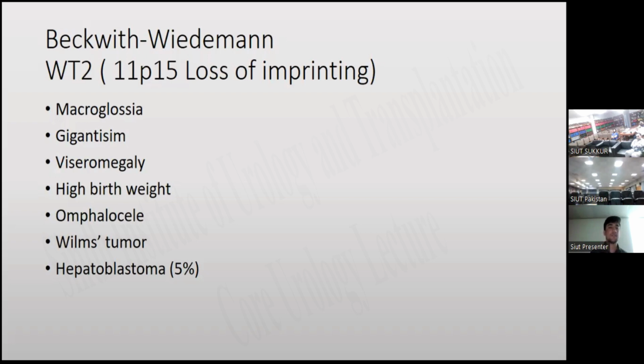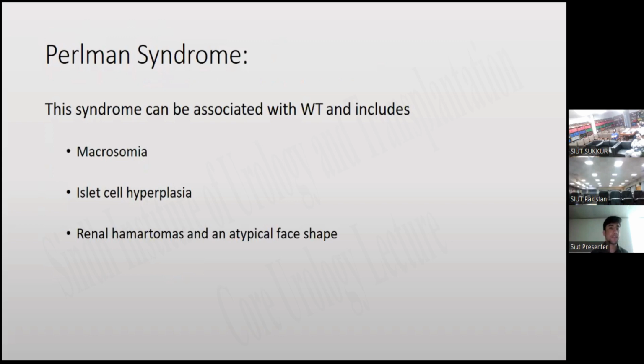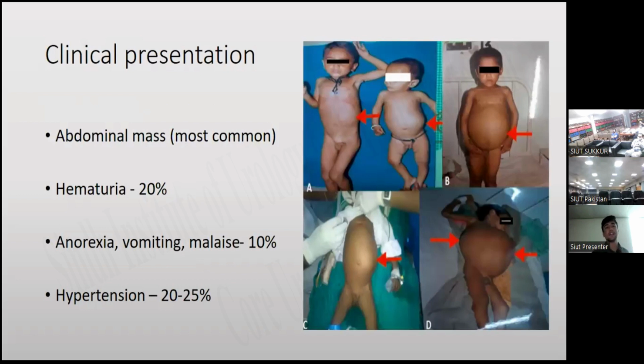These are the pathologies associated with Beckwith-Wiedemann. And the last one is Perlman syndrome. Its features include macrosomia, islet cell hyperplasia of the pancreas, and other anomalies. These are the symptoms associated with it.